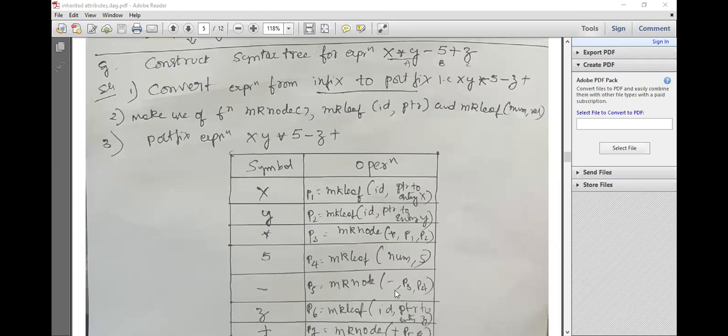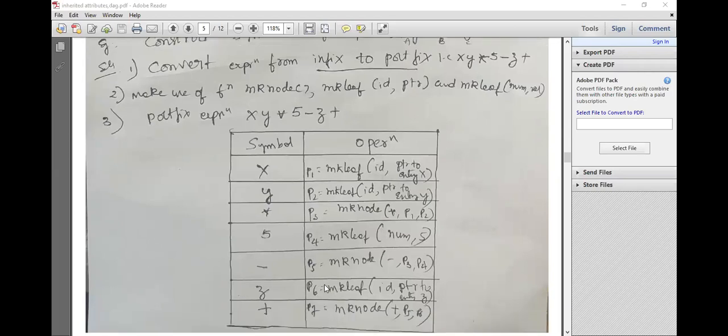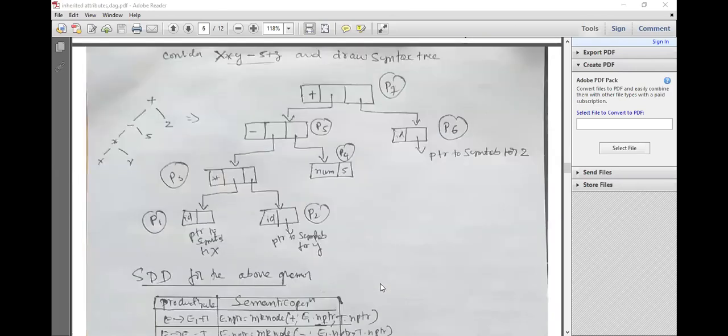So subtract with P3 and P4, and keep storing the answer in P5 only. Again we need an entry for Z, a node pointer that means identification. So for this identifier Z, make an entry P6, then make a node with P5 plus P6. Then draw the syntax tree.